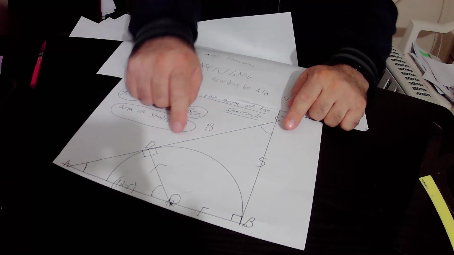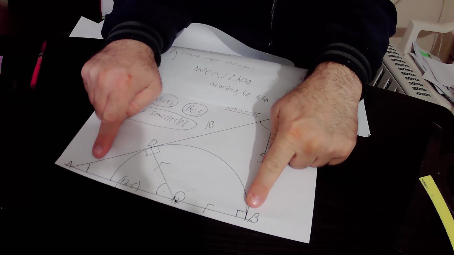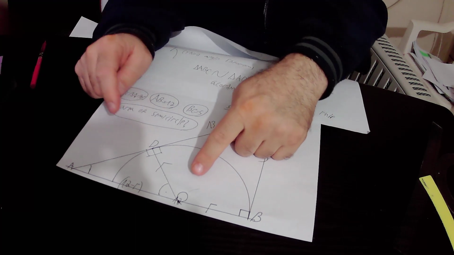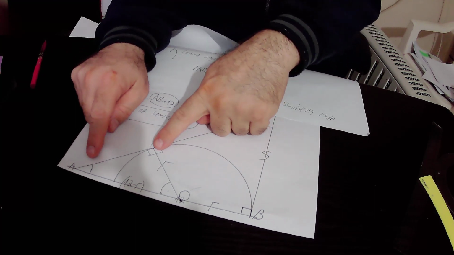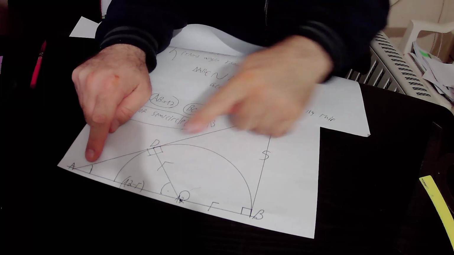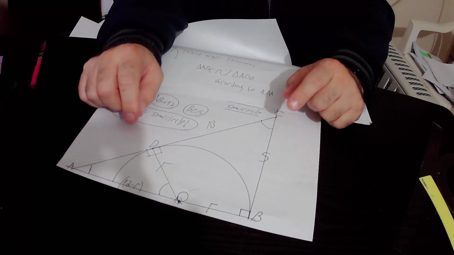And we found out that those two angles in triangle ABC, the big triangle, are congruent to those two angles in the small right triangle. Therefore, we have two pairs of angles that are congruent in those two triangles.